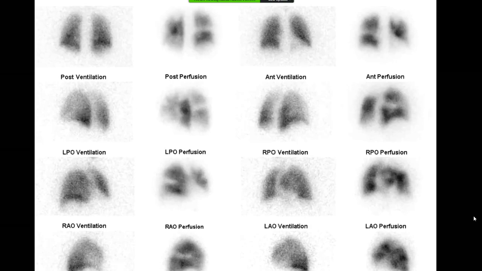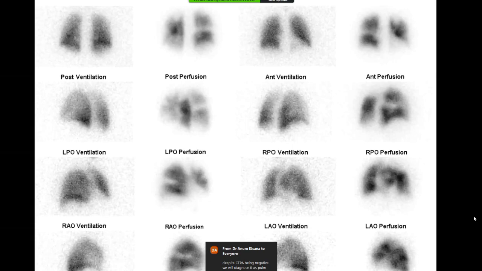Now, I don't know what the practice is in Pakistan, but in Australia, we try not to use probability anymore. We just want to say it is pulmonary embolism, it's not pulmonary embolism, or it is indeterminate. Theoretically, yes, but practically it is very difficult to apply. Bookish is what you are saying: multiple segmental areas of mismatched defect is high probability of pulmonary embolism.